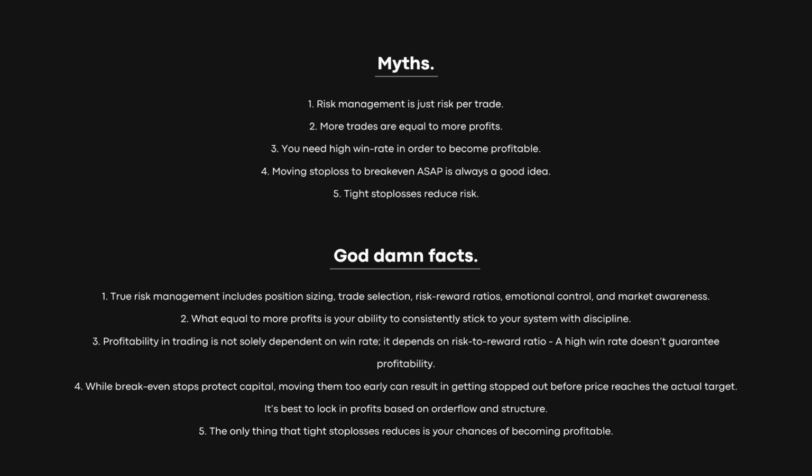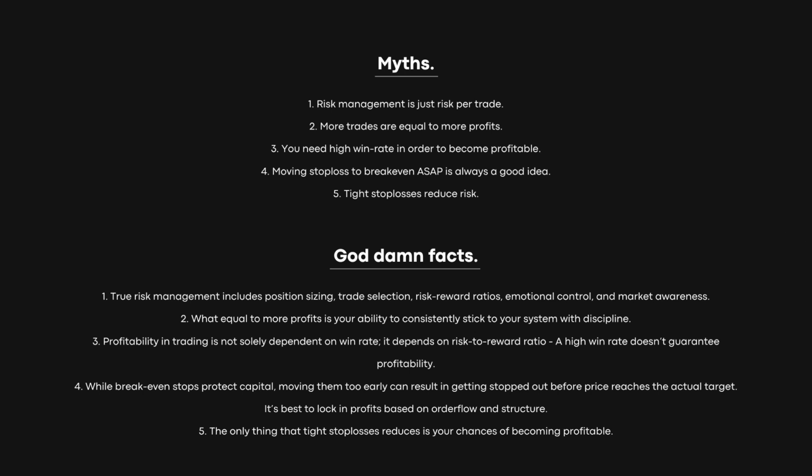The second myth is that more trades equal more profits. And again, that's completely wrong. More trades often just mean more exposure, more mistakes, and more overtrading. Profits don't come from quantity, they come from selectivity, precision, and accuracy, and following your system with discipline.